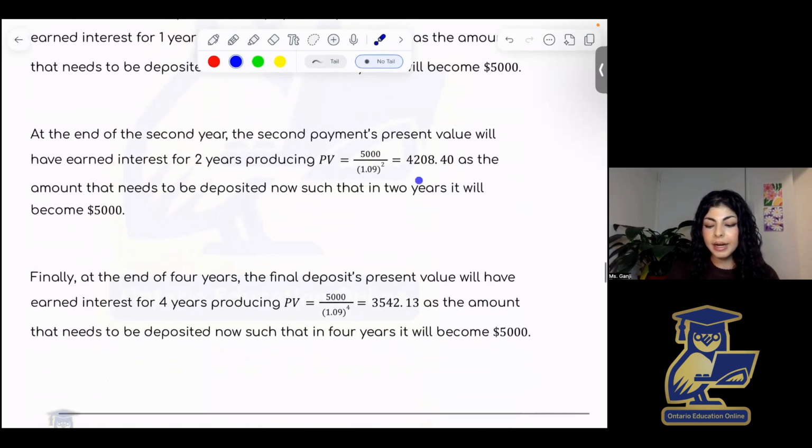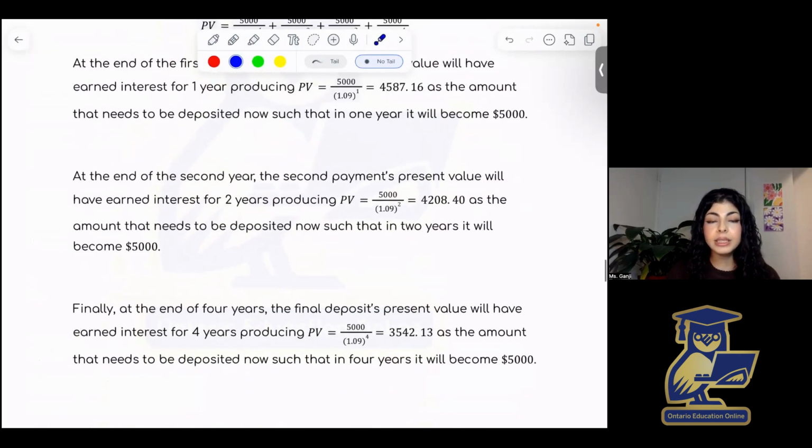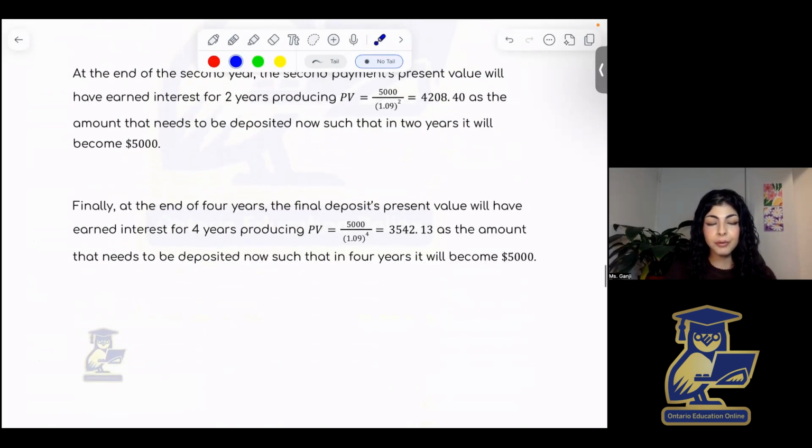For the second year, he needs even less because he's earning interest twice. So for the second year, it's $4,208.40. And for the fourth year, it's even less than that. It's $3,542.13, so that over 4 years of interest, that will become $5,000. And so that's an example of how annuities work when it's withdrawal instead of depositing.